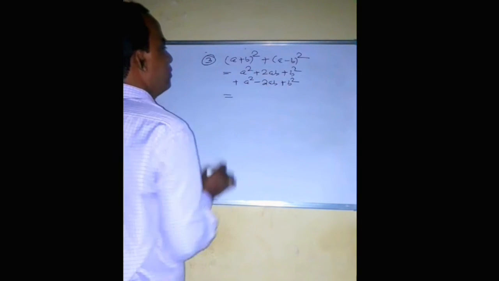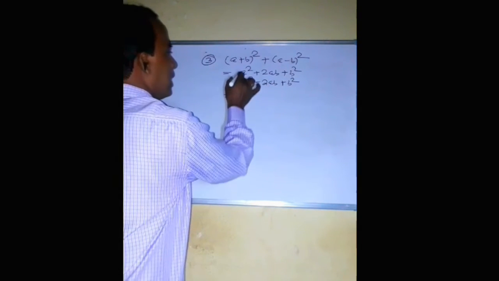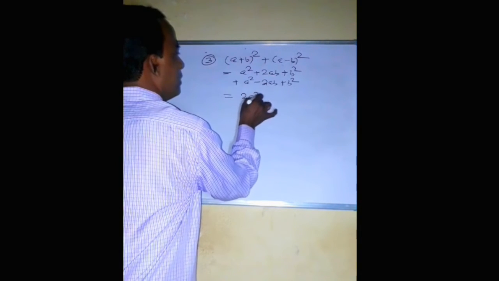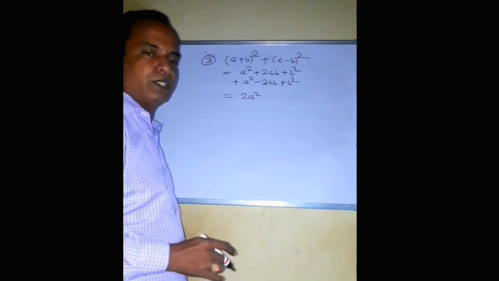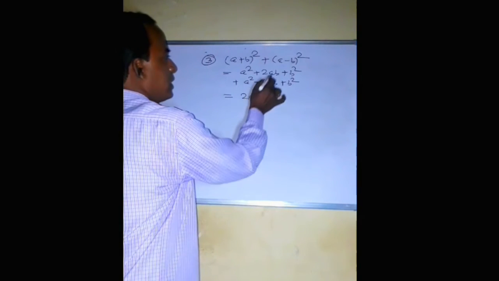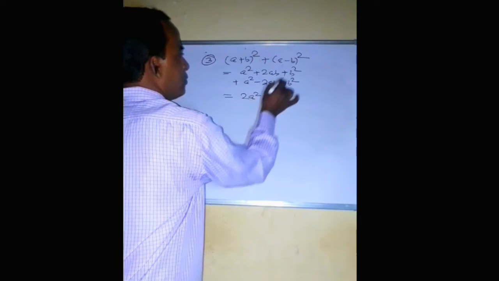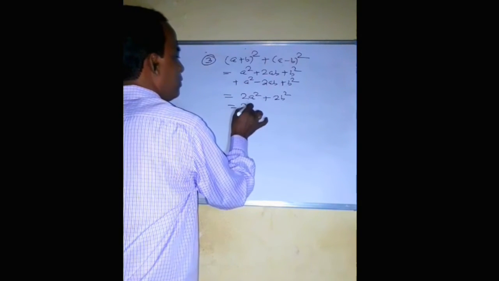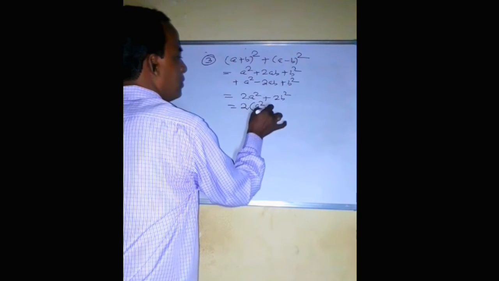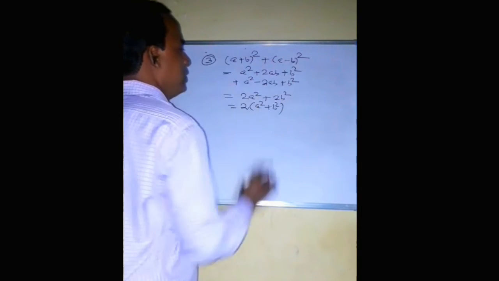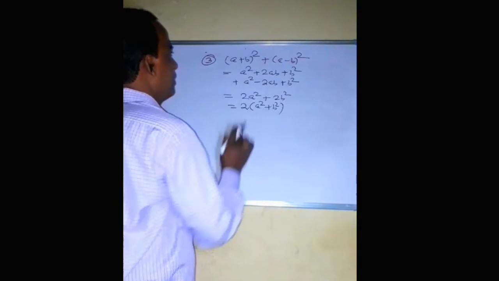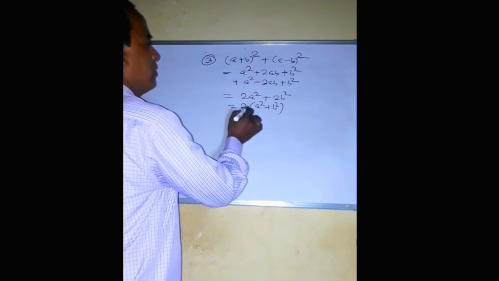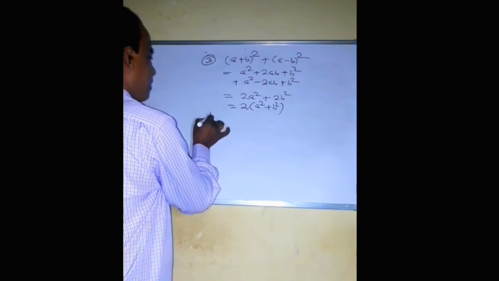So that's equal to, a square like term added to like term, so it is 2a square, plus 2ab and minus 2ab, same number added and subtracted, so it is cancelled, plus 2b square, that's equal to 2 into a square plus b square. If 2 is taken as common, so 2 into a square plus b square. Thus a plus b whole square plus a minus b whole square equal to 2 into a square plus b square.